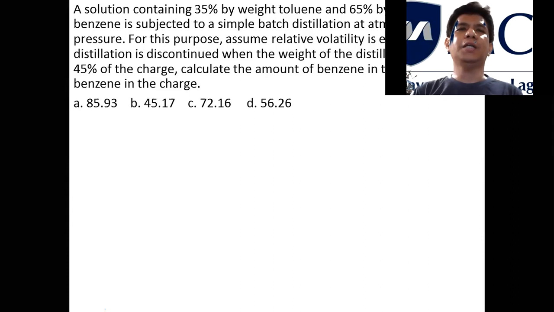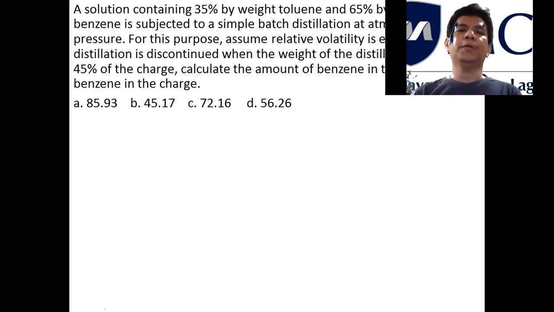If the distillation is discontinued when the weight of the distillate amounts to 45% of the charge, you need to calculate the amount of benzene in the distillate as percent benzene in the charge. So as you can see, the only direct variable that we can use for distillation is XF, which is 0.65. And no other direct variable is given.